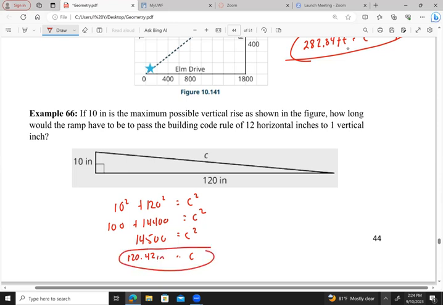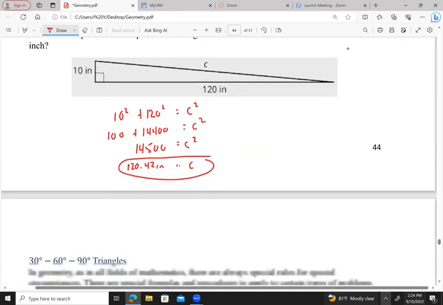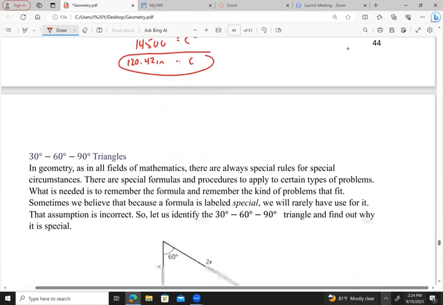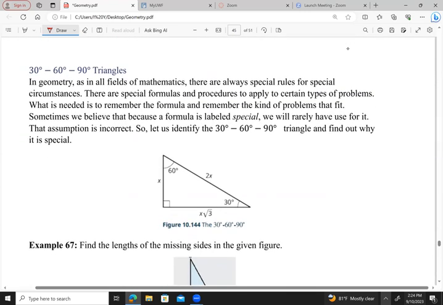Pretty much not a whole lot of change between the length and the angle. So next we look at a specific triangle called a 30, 60, 90 triangle. In geometry, as in all fields of mathematics, there are always special rules for special circumstances.